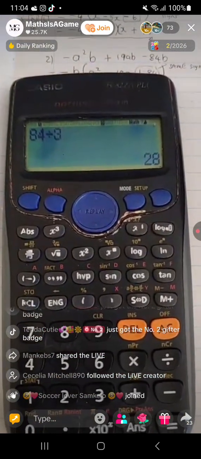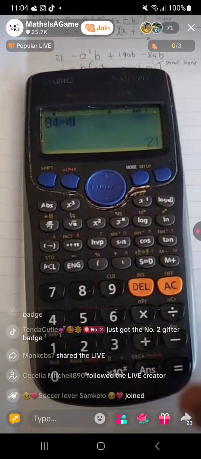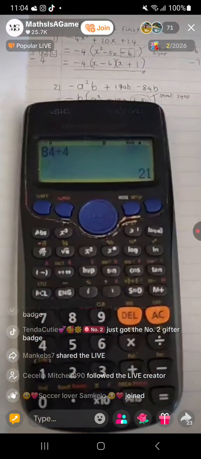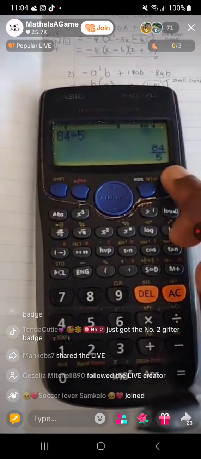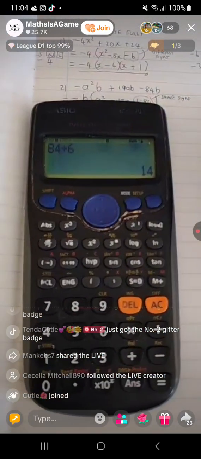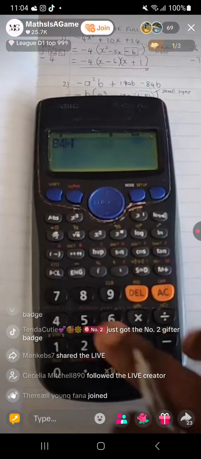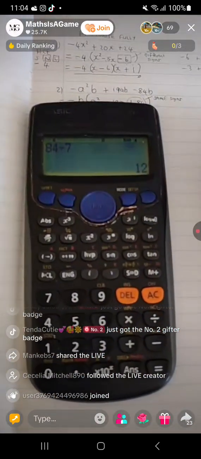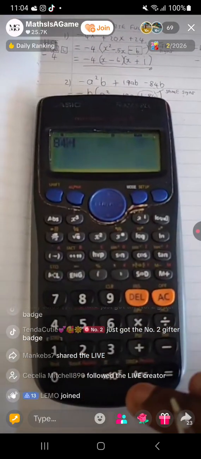Okay, 28 and 3. 84 divided by 4, 21 and 4. 84 divided by 5, no. 84 divided by 6, yes, 14 and 6. 84 divided by 7, yes, 12 and 7.